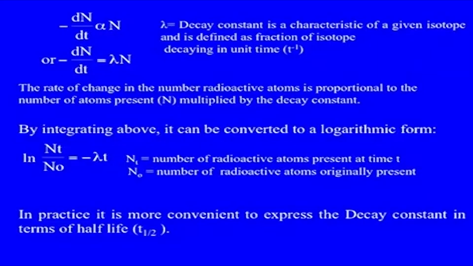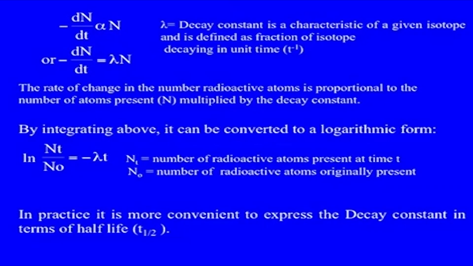Now, this can be converted to dN/dt = λN, where λ is known as the decay constant. It is a characteristic of a given isotope and is defined as the fraction of isotopes decaying in unit time. So, the rate of change of the number of radioactive atoms is proportional to the number of atoms present multiplied by the decay constant.